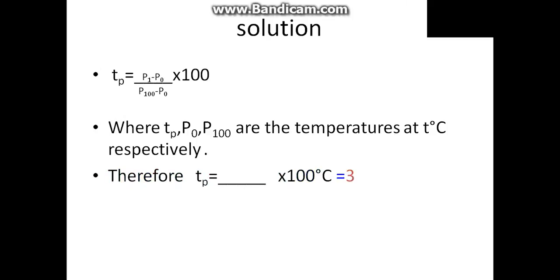Therefore, Tp is equal to 490 minus 325 all over 875 minus 325 times 100 degrees centigrade, which will give us 30 degrees centigrade. This is now equal to 30 degrees centigrade plus 273, which will give us 303 Kelvin.